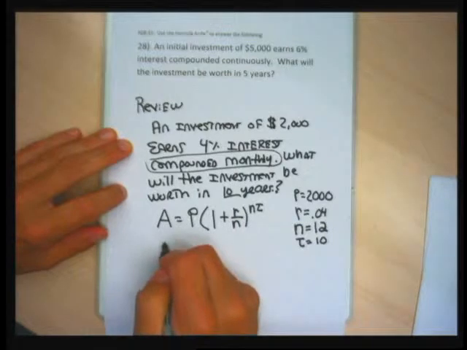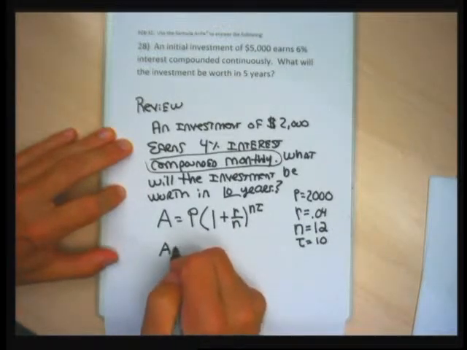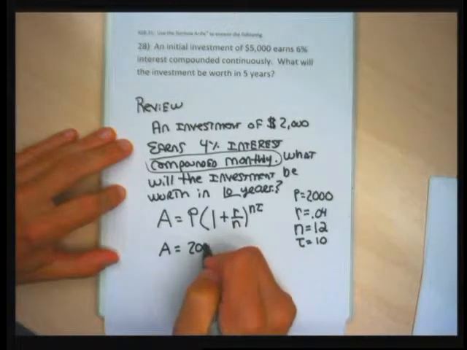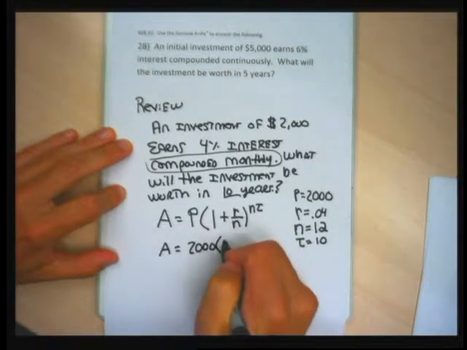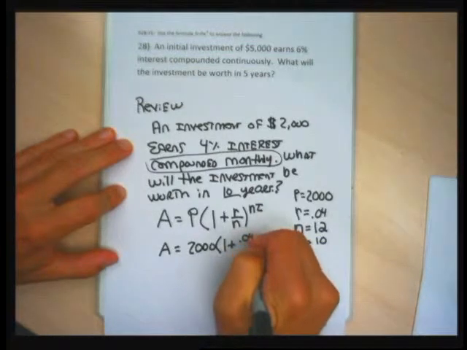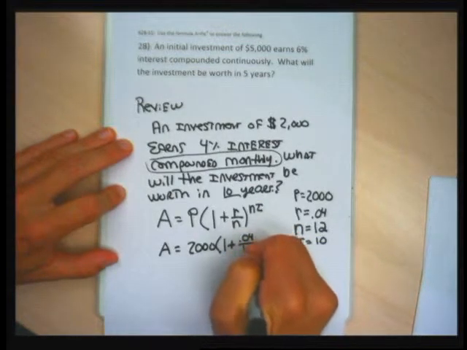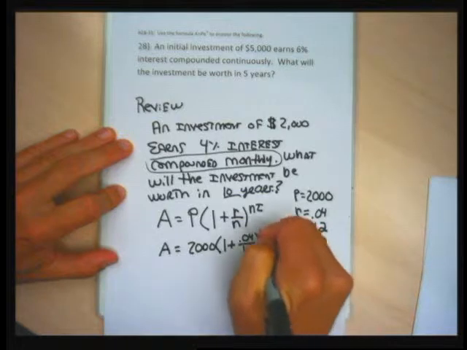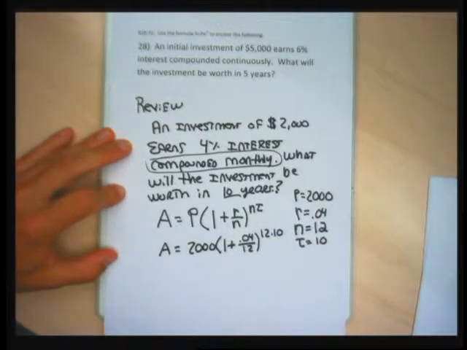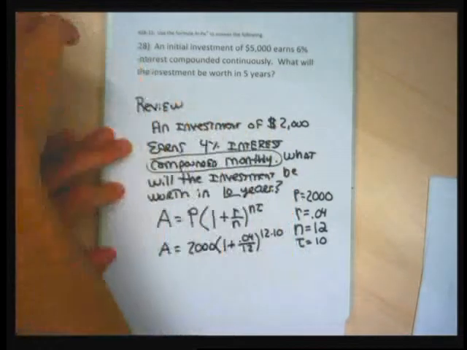So to find the amount of money I'm going to have in 10 years, I'm going to plug the 2,000 in the formula for P. I'm going to plug 0.04 in for the R, and I'm going to plug 12 in for both of the N's, and 10 in for the T. So this is review.